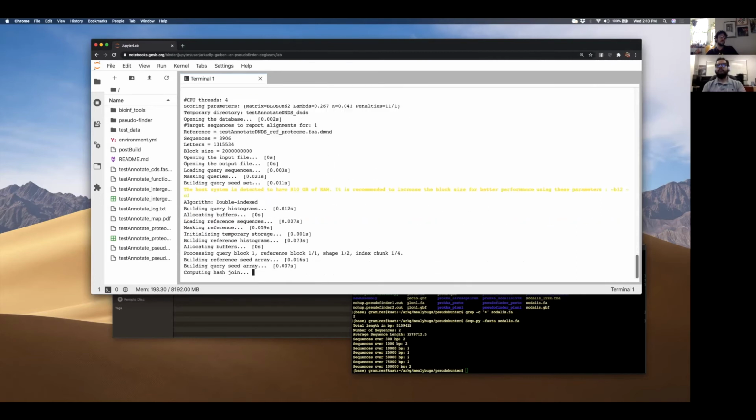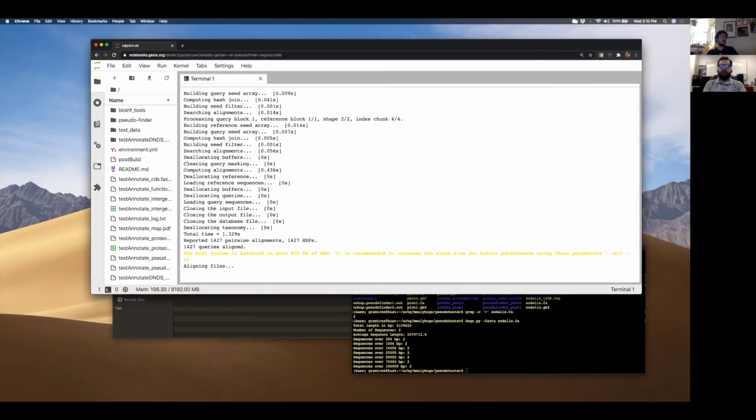So this might take a little bit longer to run because it is going to have to align the files. It's going to have to make a codon alignment. It's going to have to run codeml. But that shouldn't take too long.